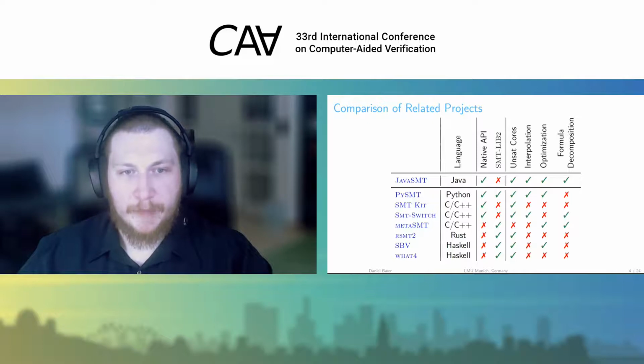As a side note, while JavaSMT does not communicate with the solvers via SMT-lib2, one can of course use SMT-lib2 via the binary API to interact with the solvers in our project. Further, it shows some often used features and their availability per project.